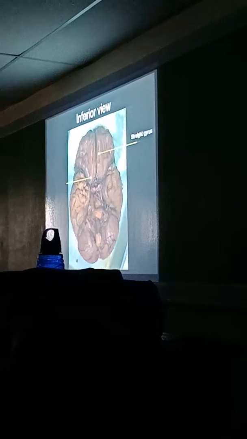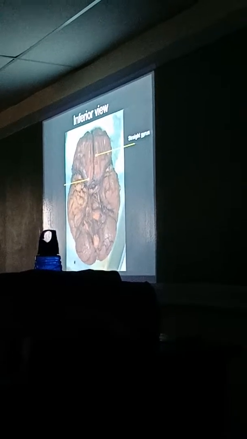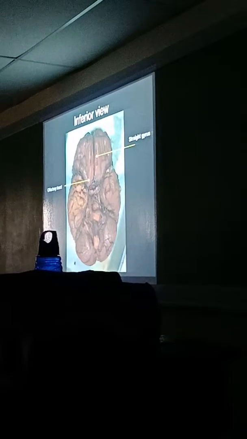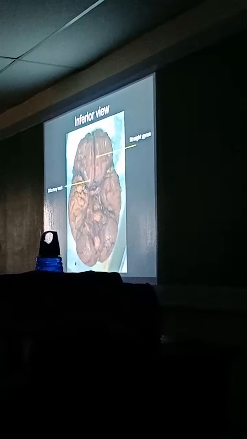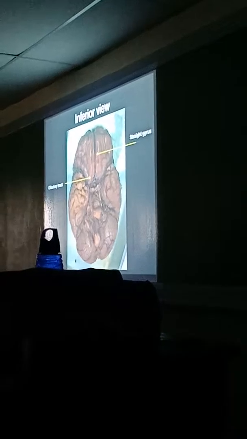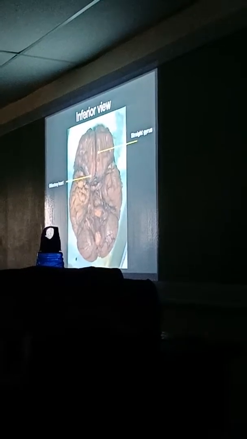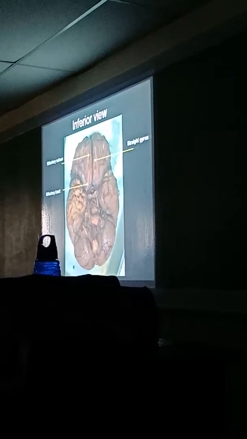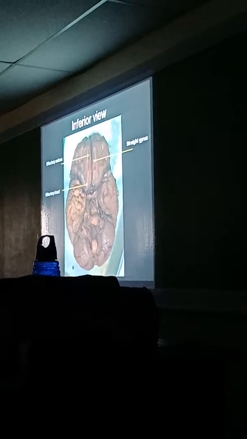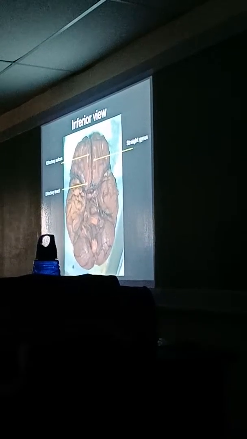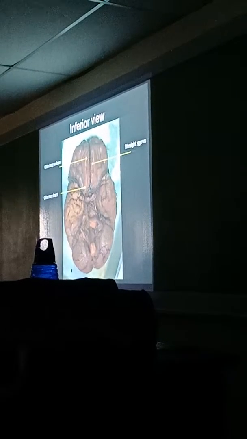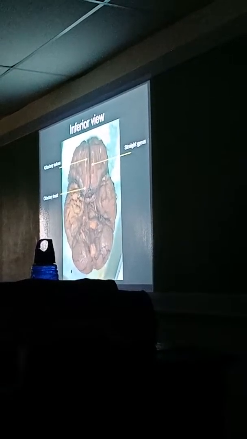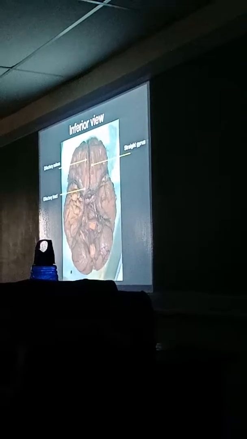The structure pointed is your olfactory tract. So again, the straight gyrus is found at the most middle. The olfactory tract, on the other hand, can be seen running along this olfactory sulcus. Okay? Again, the olfactory tract runs along the olfactory sulcus.